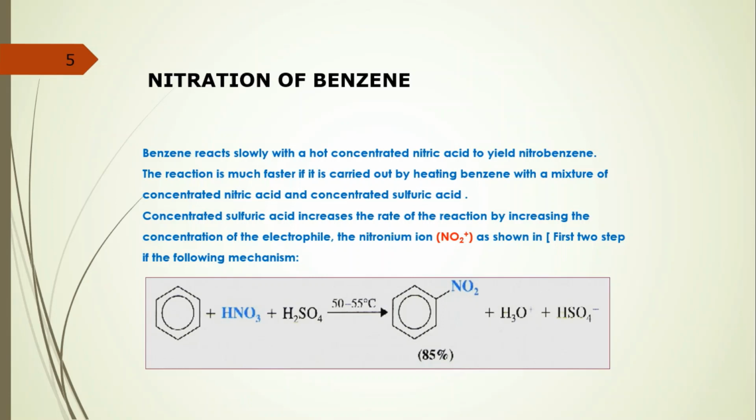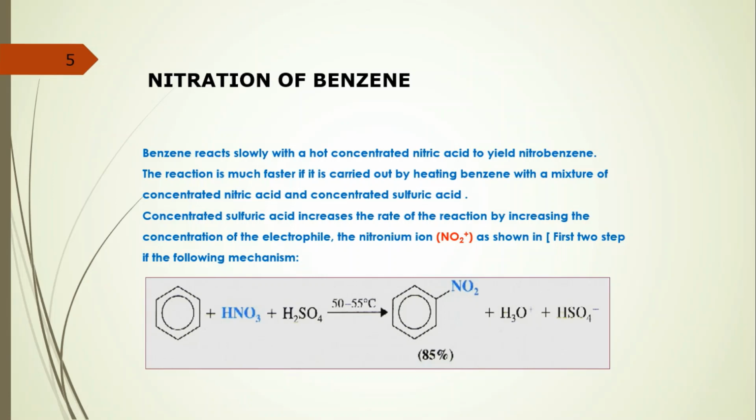Whether that is the nitration reaction, the halogenation reaction, or any other type of electrophilic reaction, the first step is to produce the electrophile. In the case of halogen, you saw that we were producing halogen plus, and here we are producing NO2 plus.